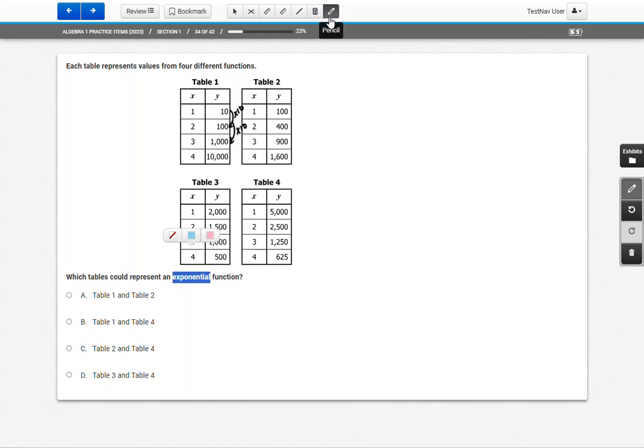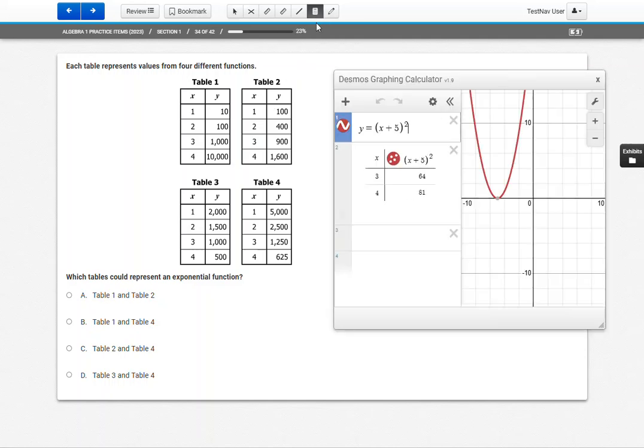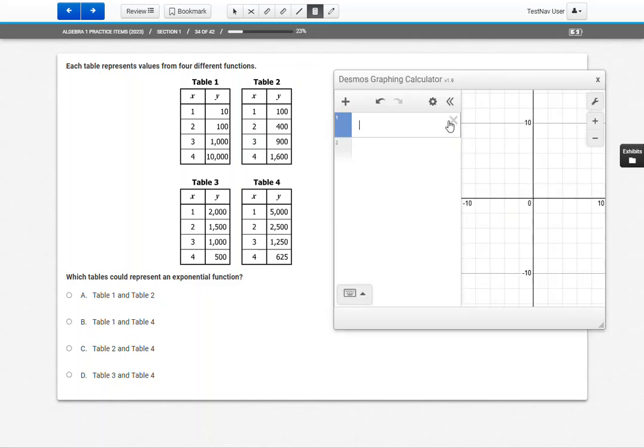I'm going to show you an easier way to do this. When you're looking for exponential functions, start with the last number and divide by the previous term.